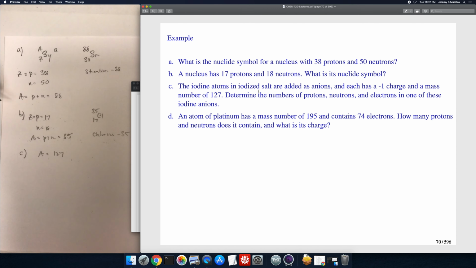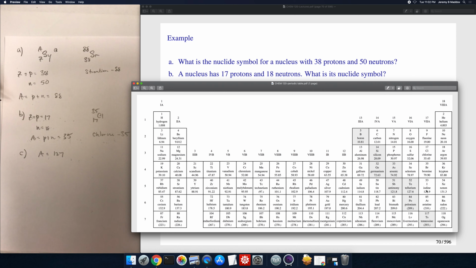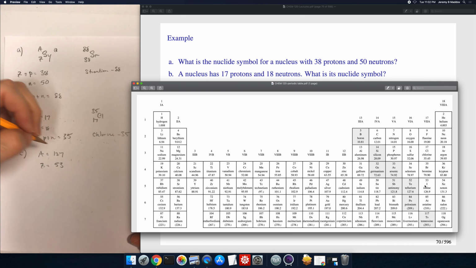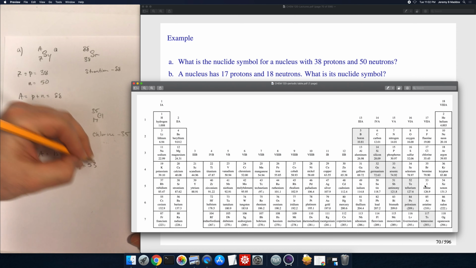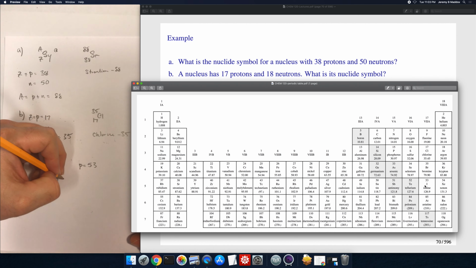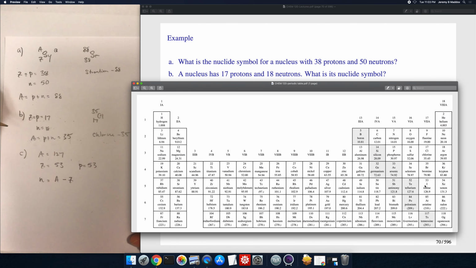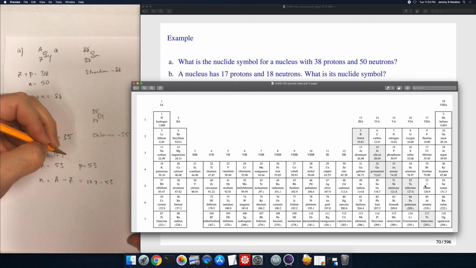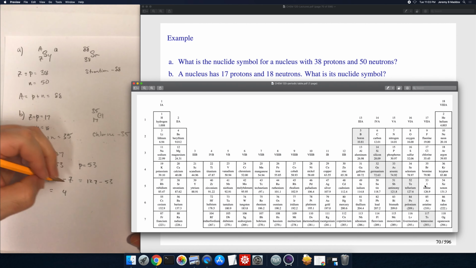We know it's iodine, so we can look up iodine on the periodic table, and we find that Z equals 53, which means that the number of protons is equal to 53. The number of neutrons will be the mass number minus the atomic number. So we'll have 127 minus 53, which gives 74.